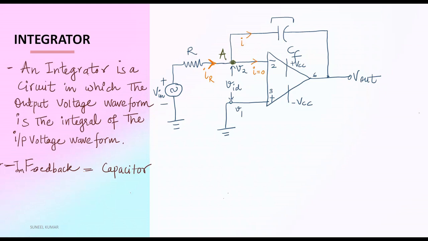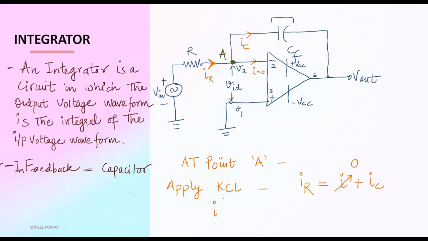And here the current is, let's say, IC. At point A, apply KCL. IR will be I plus IC, and this I value is 0 because of infinite input resistance. So we can write simply IR is equal to IC.